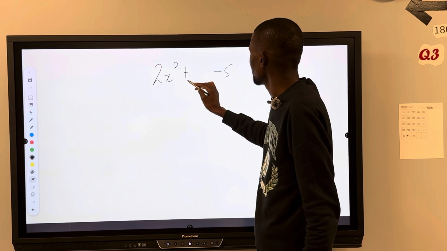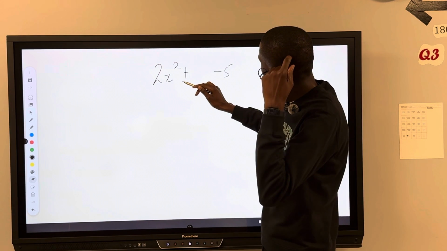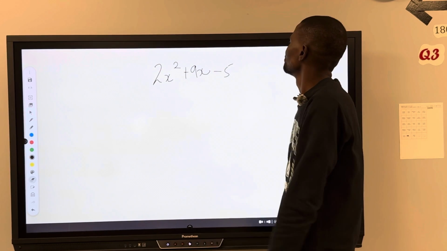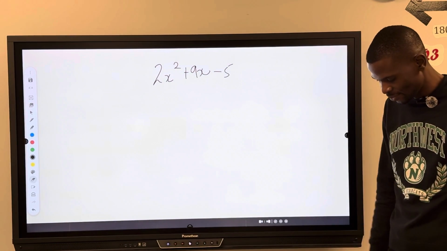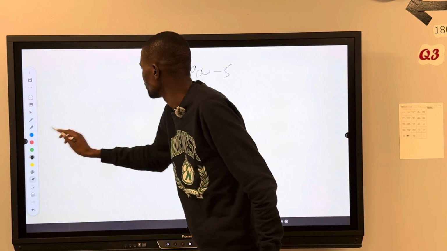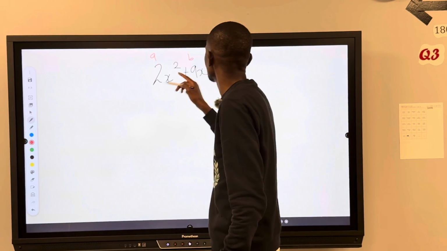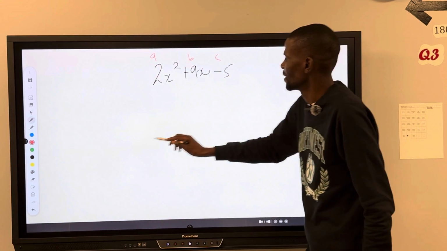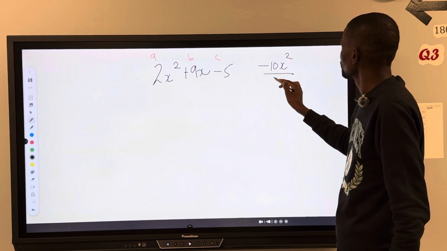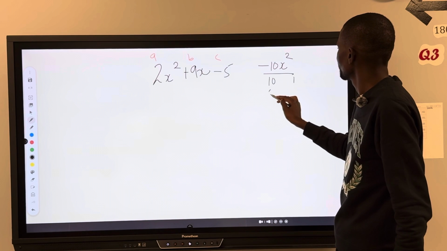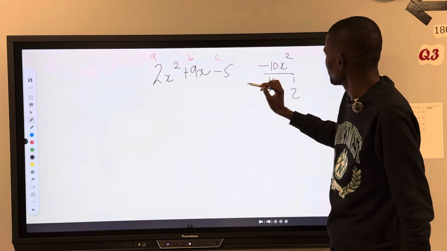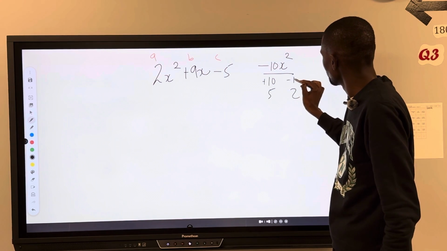If I want to factor 2x squared plus 9x minus 5, we use the AC method. Remember, this is A, B, C. If I multiply A and C, I get negative 10x squared. For factors, I've got 10 and 1, 5 and 2. The two factors that give us 9 when subtracted are positive 10 and negative 1.